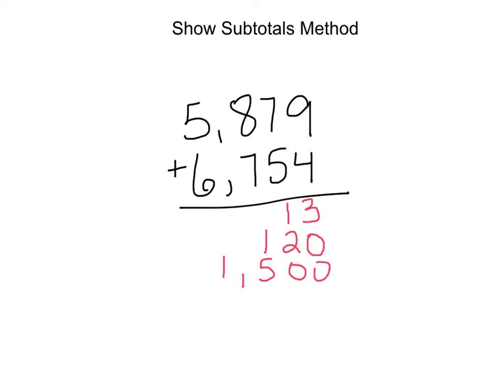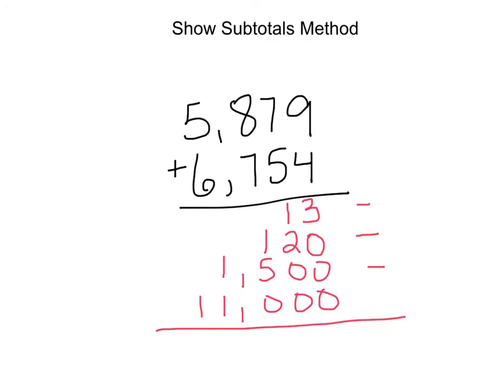So we have the ones subtotal, we have the tens subtotal, we have the hundreds subtotal. Now we need the thousands subtotal, which is going to be 6,000 plus 5,000, 11,000. Notice I'm trying to keep everything lined up by the same place value, although I'm a little bit wonky. I didn't leave myself enough room.